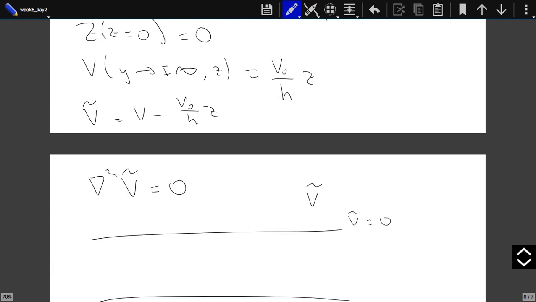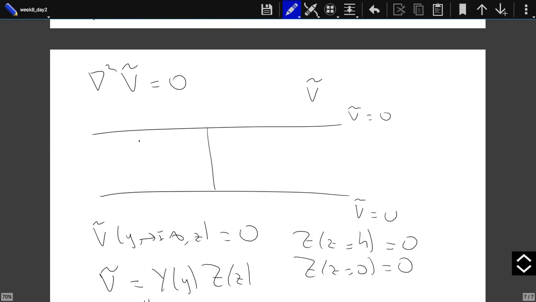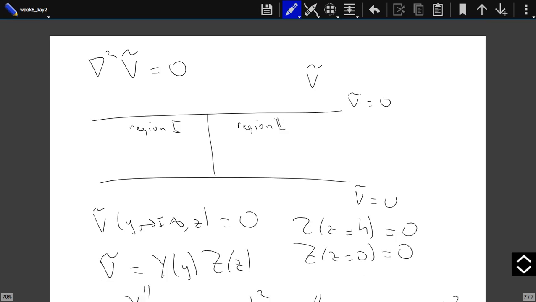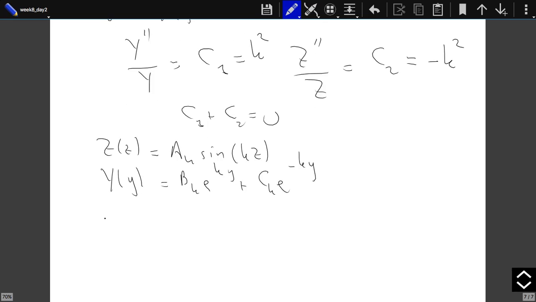You see, I have divided this into two regions, region 1 and region 2. In region 1, I have the limit y goes to minus infinity, and this should be equal to 0.